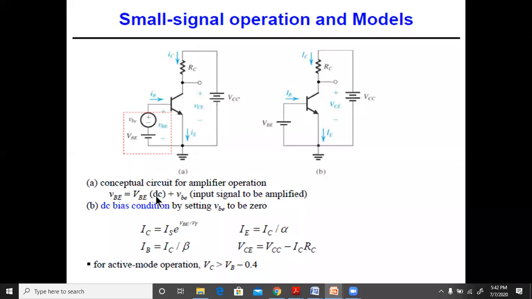Okay, quiescent value. So the quiescent operating point should be in the middle of the load line, and hence we need to have this DC value. So DC plus the input AC signal, which is to be amplified, corresponds to the instantaneous value over here. So that's why here we have written the DC plus the AC.